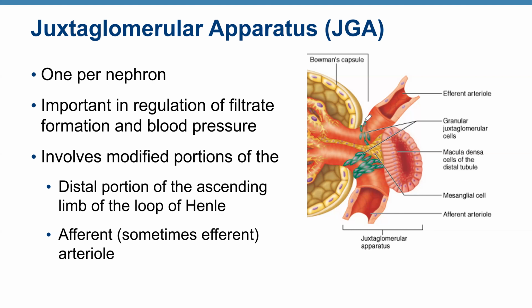And what this apparatus is, it's just cells. See cells shown here in green, cells shown here in pink. Now those cells that are green are called granular cells, because they have granules. And these cells in a distal convoluted tubule are called macula densa. Macula means spot, and densa is dense. So it's a dense spot over here.